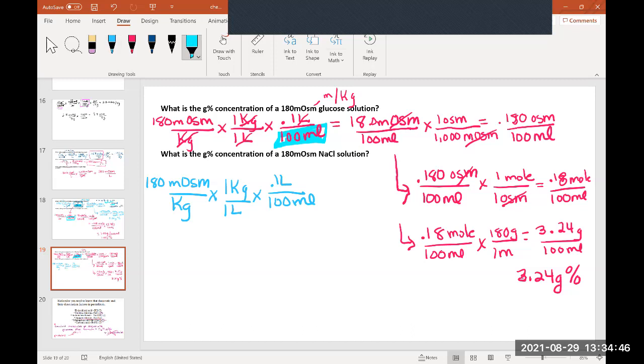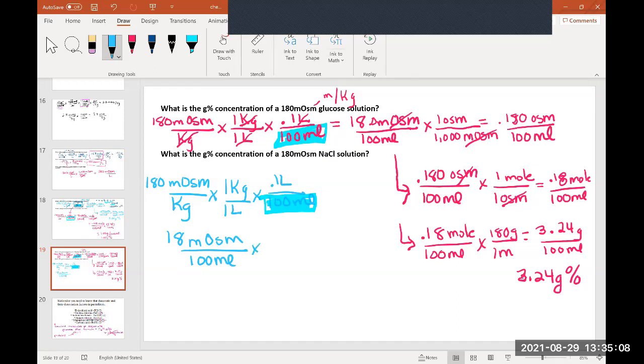And again, you leave this alone. Do not touch that. Do not divide that out. You keep that. So when I do that calculation, I now have 18 milliosmoles for every 100 milliliters.